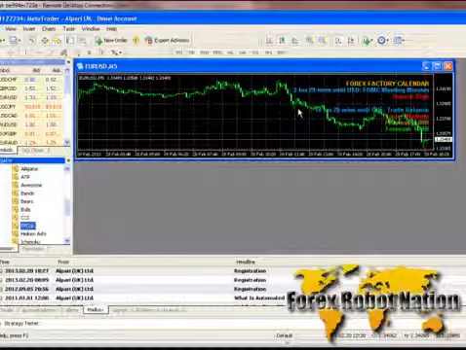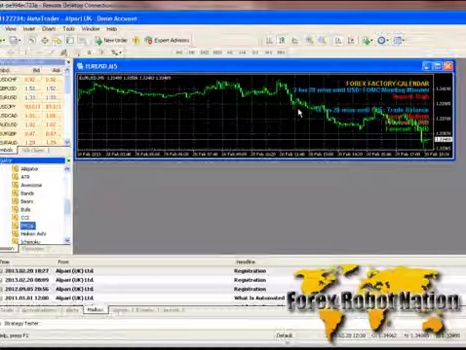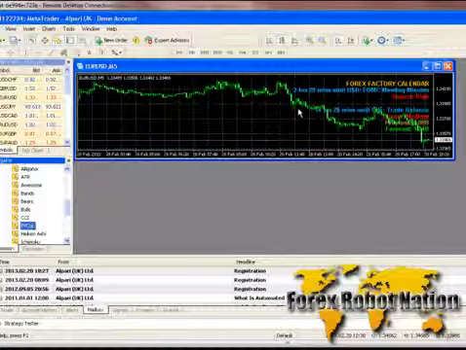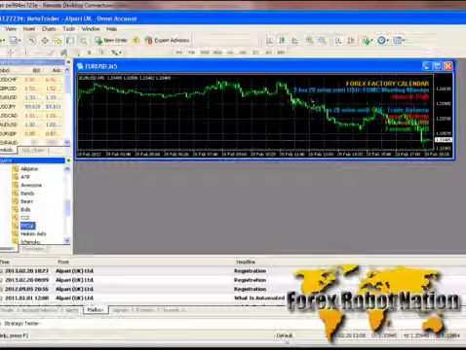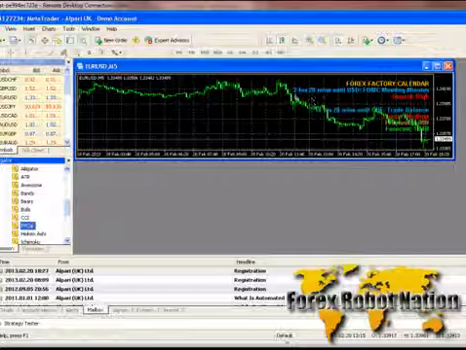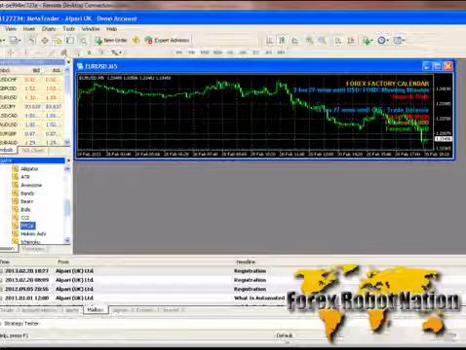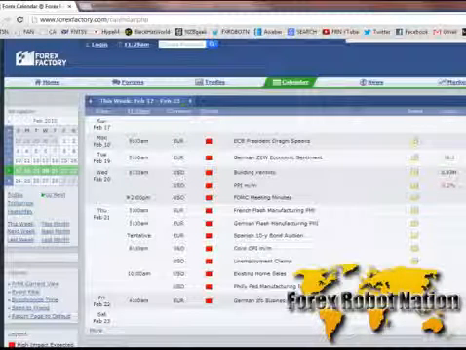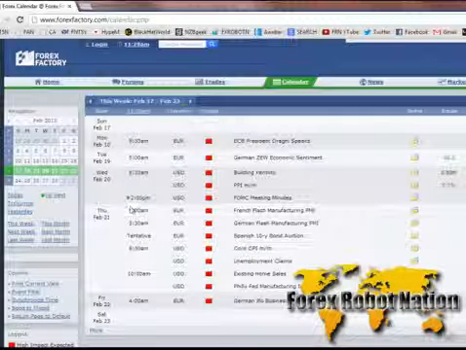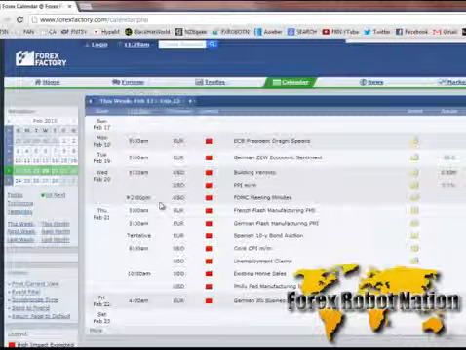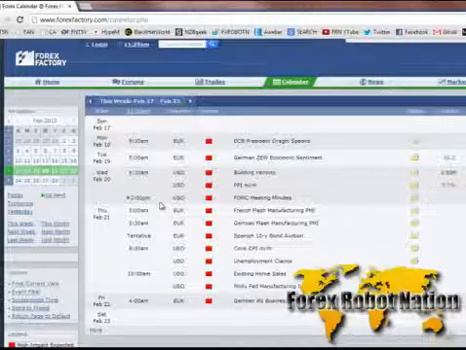So this is just an easy way of showing the DST offset, how to set it up in the EA. And that's really it. Just go here, put the FFcal indicator on your chart, take a look at the time here, go into the Forex Factory calendar, take a look at the time here, make sure that it matches up, and if it doesn't, then you use the DST offset to subtract.